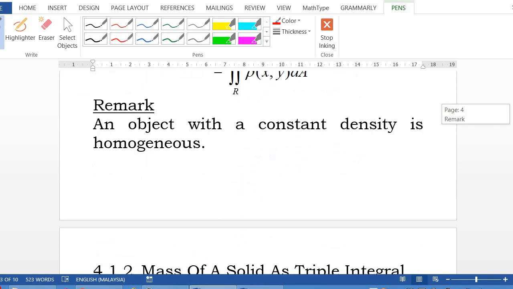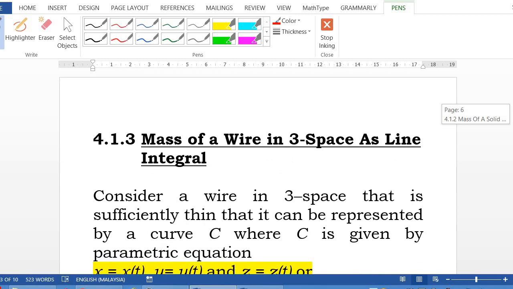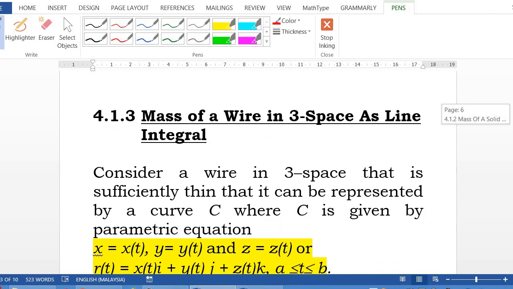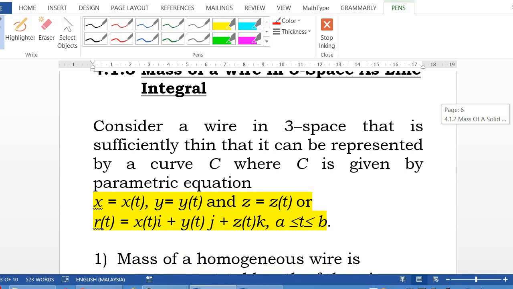Okay, we'll review back. What is the meaning of the mass of a wire in 3-space as a line integral? Consider a wire in 3-space that is sufficiently thin that it can be represented by a curve C, where C is given by the parametric equations x equals x(t), y equals y(t), and z equals z(t), or we can put it into vector-valued function form.